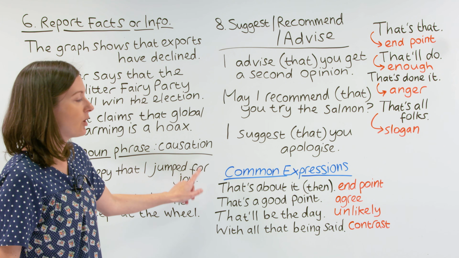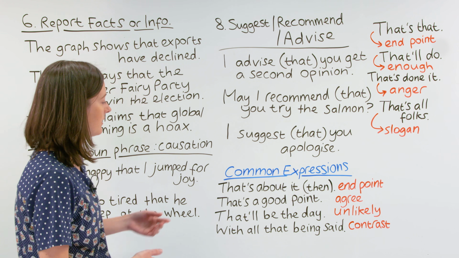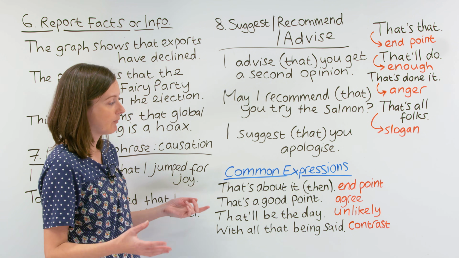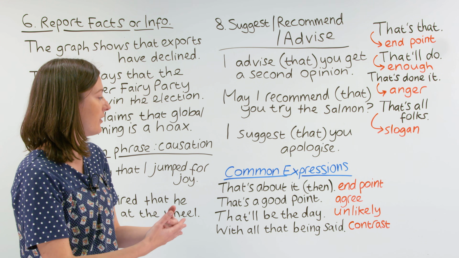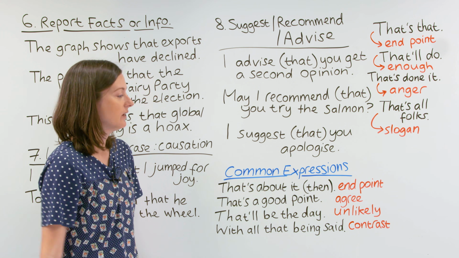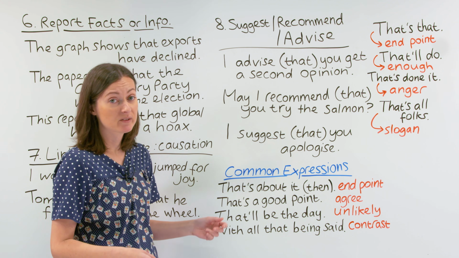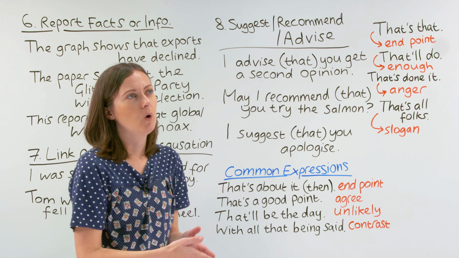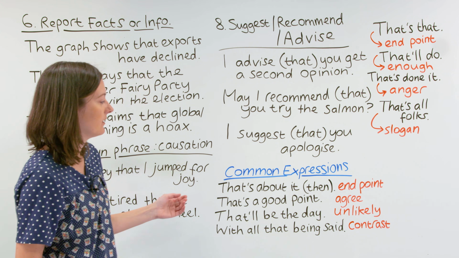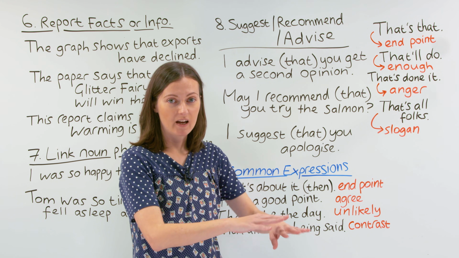Now let's look at some common expressions where we use that. When we've reached the end of what we were saying, very often people will say, that's about it. Or they'll say, that's about it then. And after they've told their story or they've explained something, this is an expression that says, I've finished now.